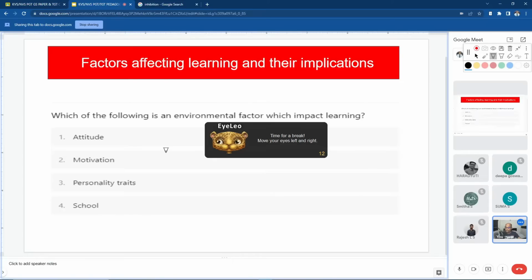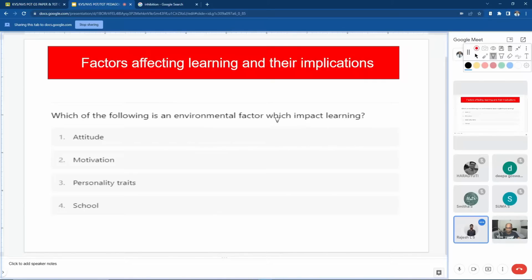Next question to Rajesh sir. Which of the following is an environmental factor which impacts learning? Attitude, motivation, personality traits, school. Now this time it is not emotional factor or psychological factor, it is environmental factor.